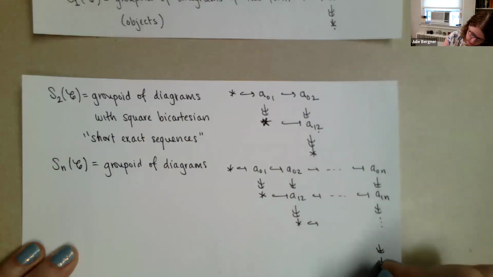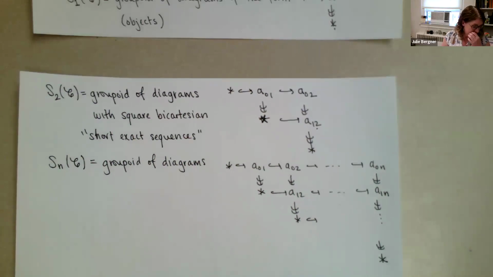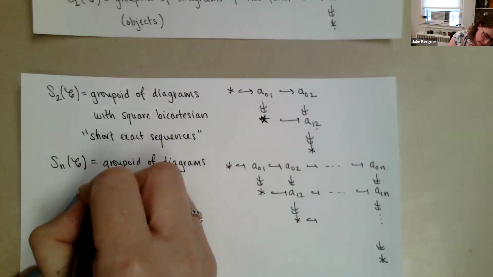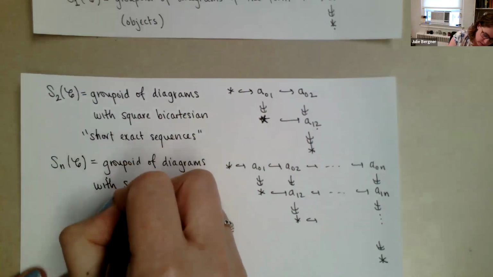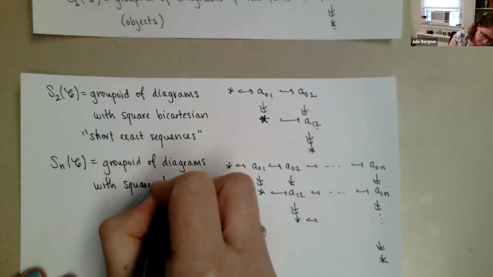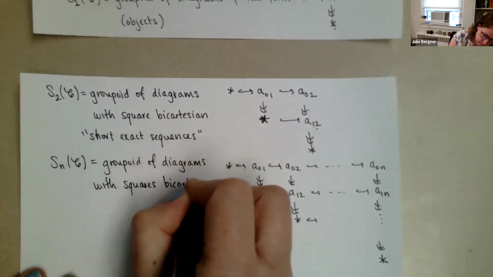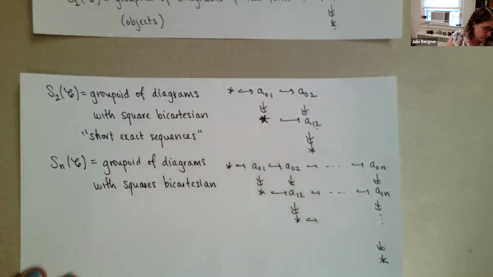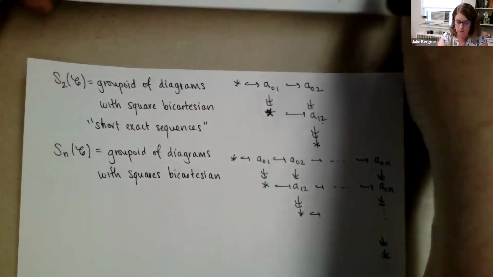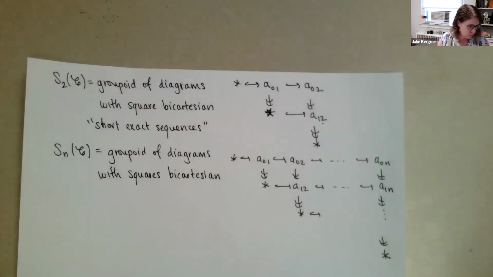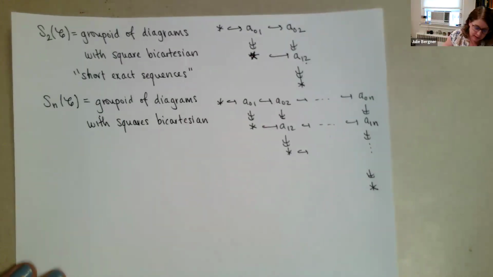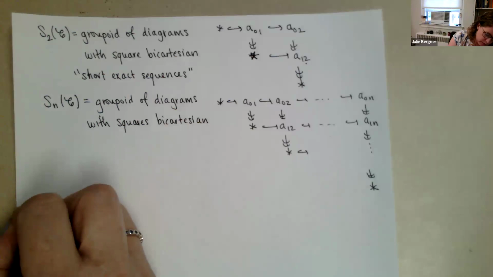And then eventually we just get a 0 object down here. And again, we want all the squares to be bicartesian. All right, now I claim that these assemble into a simplicial groupoid, simplicial object in groupoids.